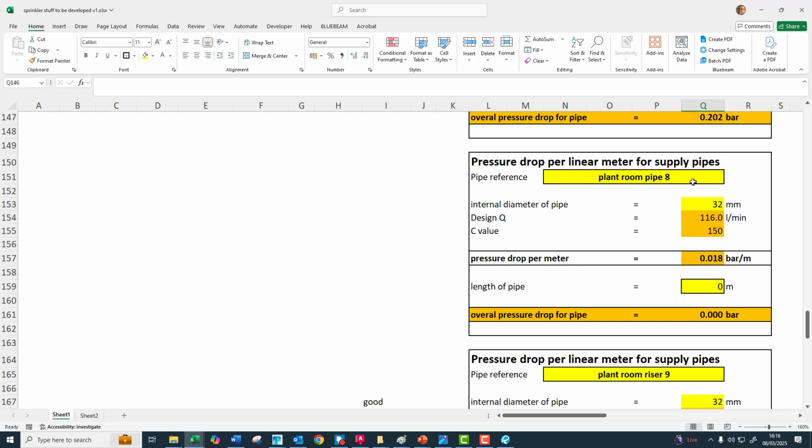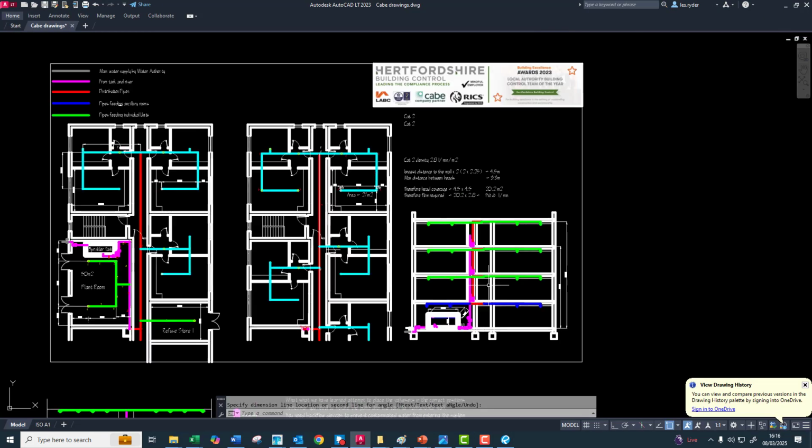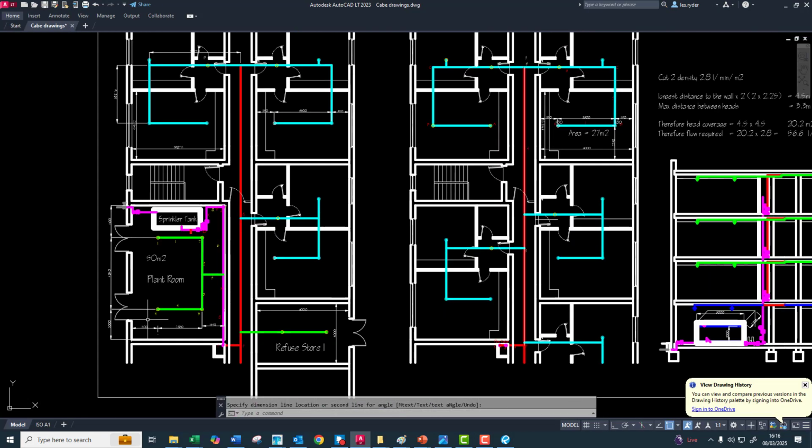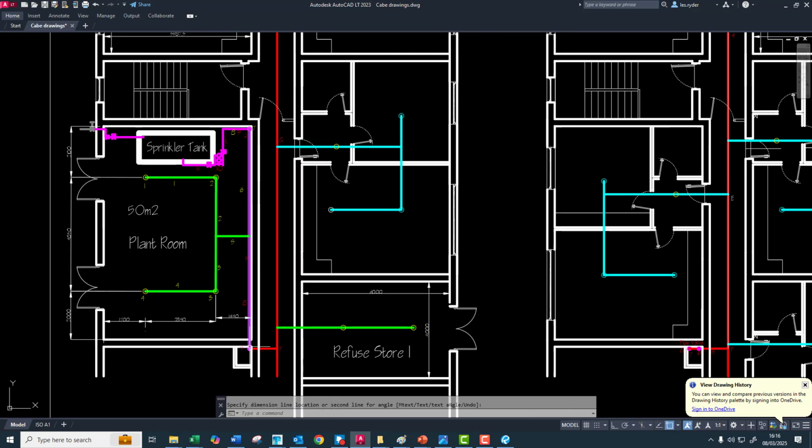So now we go from that riser through the plant room, which is pipe 8, that fella there. So we've already picked up that T there. So we want a distance on that, rough distance.